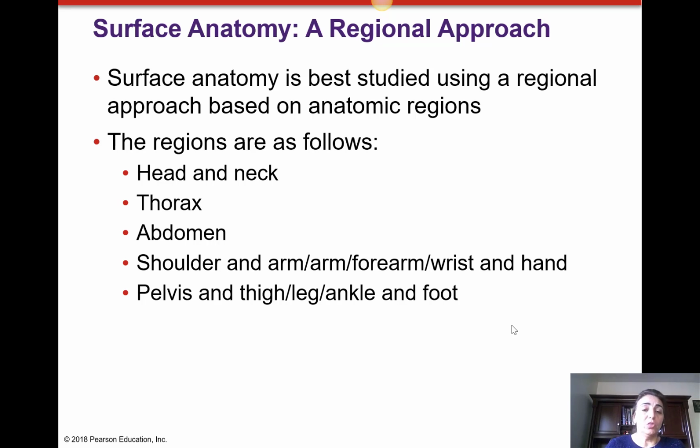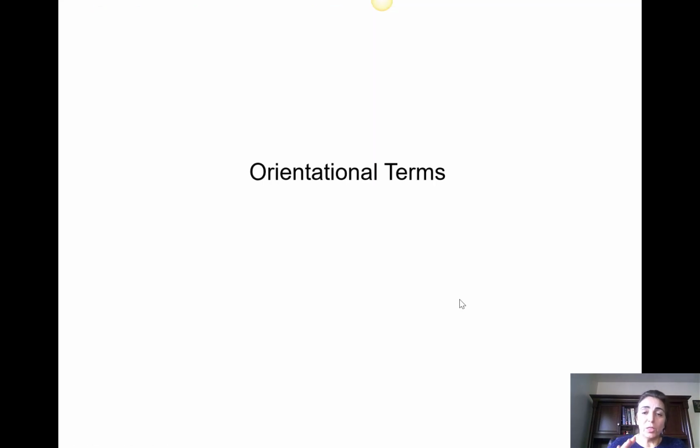So on the surface anatomy, we are going region by region: the head and neck, thorax, abdomen. For the upper limb, that includes shoulder, arm, forearm, wrist, and hands. And for the lower limb, that includes pelvis, thigh, leg, ankle, and foot, right? So we go over these areas one by one.